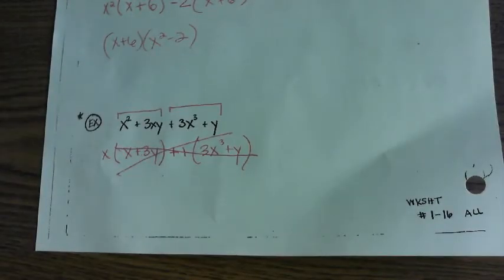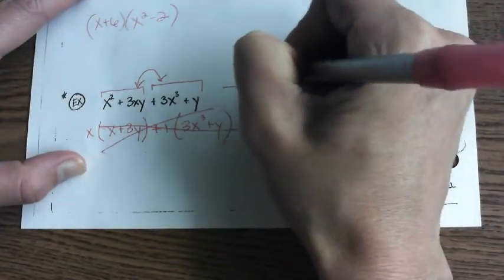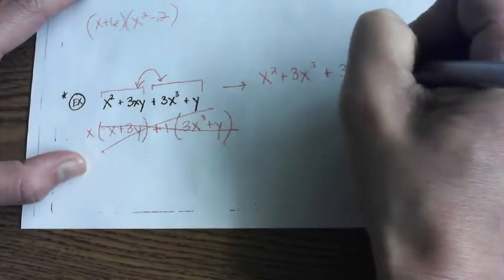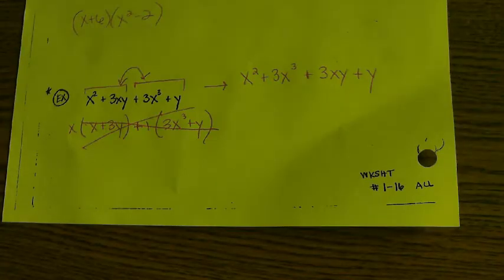However, sometimes grouping doesn't work because of the order it's currently in. If you were to maybe flip-flop those two middle terms, so let me rewrite this. X squared plus 3x cubed plus 3xy plus y. Let's try it just reordered.